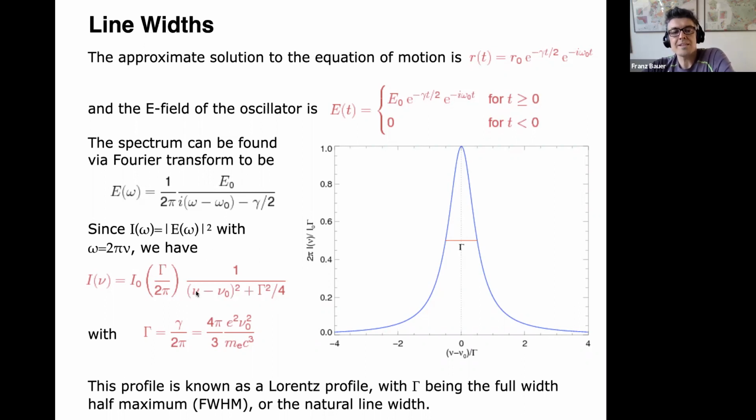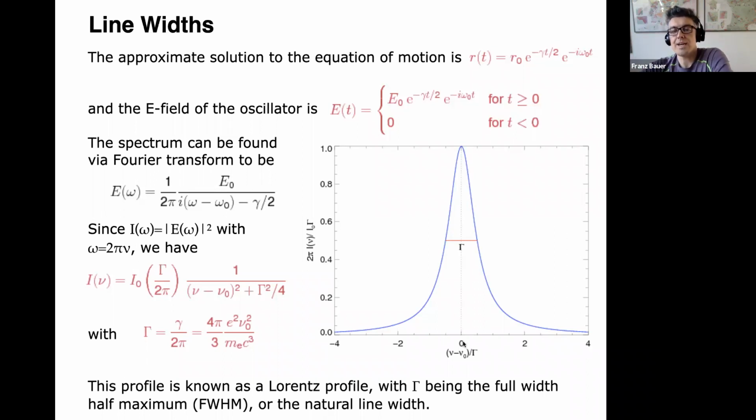As this frequency approaches nu naught, this will become 0, right? And you have some value here. As this goes away from this, this will become larger and this will go down. And so you have a peak around this frequency nu naught, and then some transition away from that.